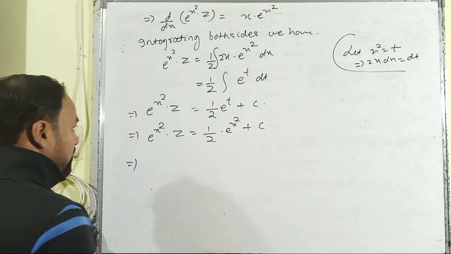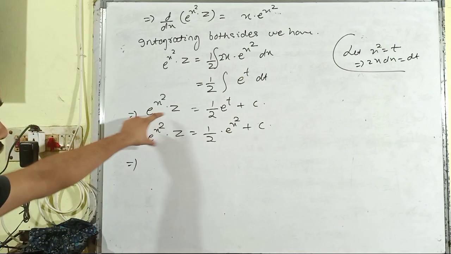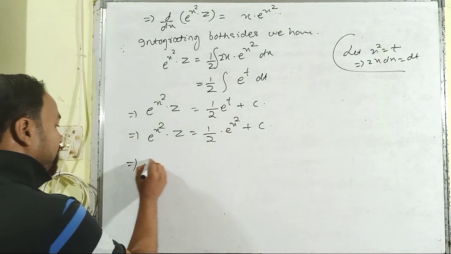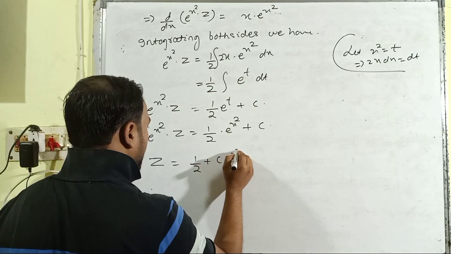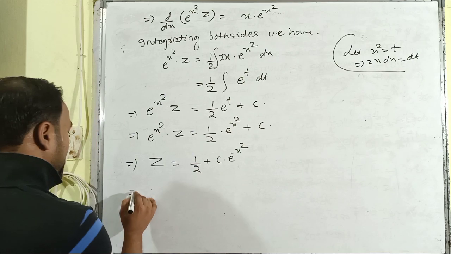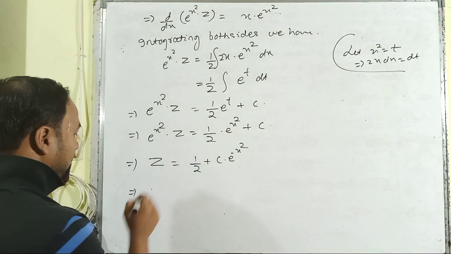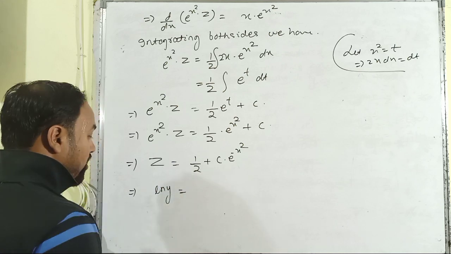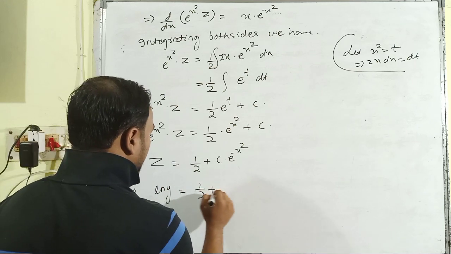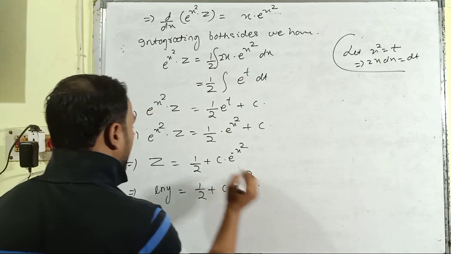Then shifting this e to the power x square towards the right hand side part, we have z is equal to half plus c multiplied with e to the power minus x square. Then the value of z we have taken in the previous step is ln y, so ln y is equal to half plus c multiplied with e to the power minus x square.